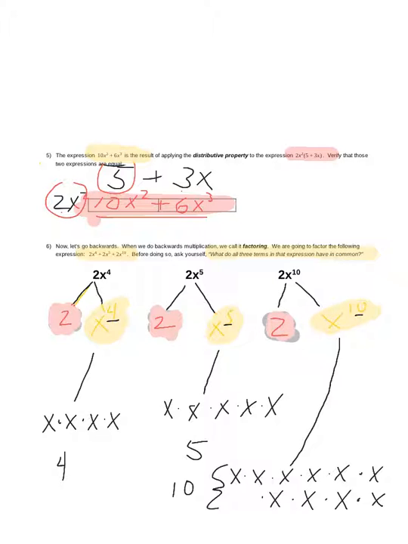And then, how many x's do all three of these have in common? Well, this one has 4 x's, and this one has 4 x's. Do any of them have more than 4 x's? Well, yes.